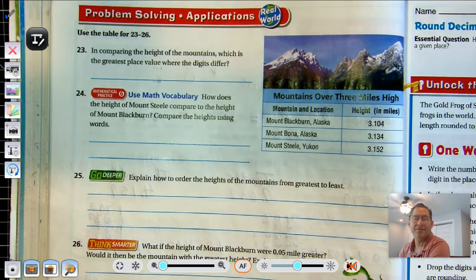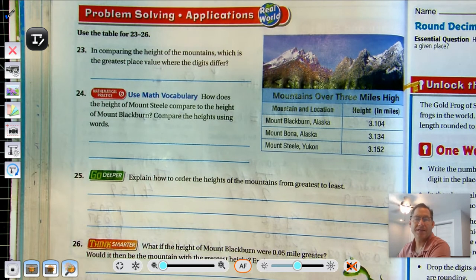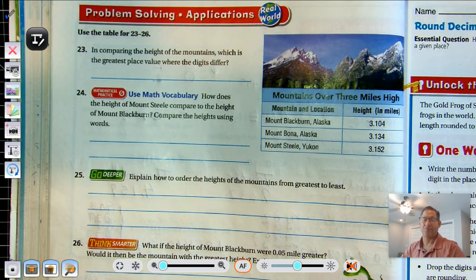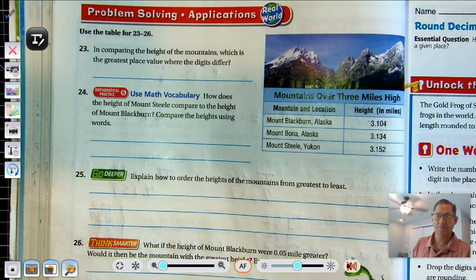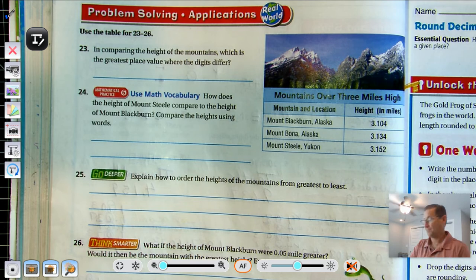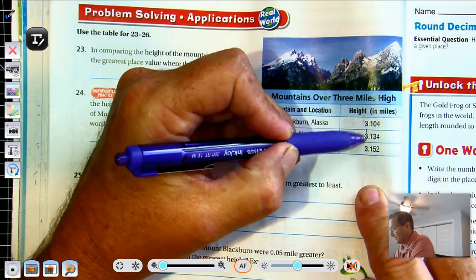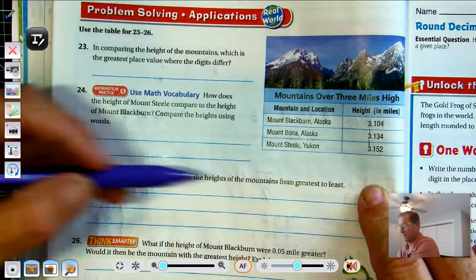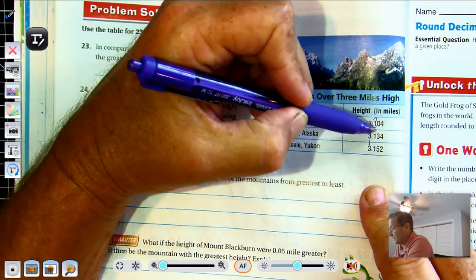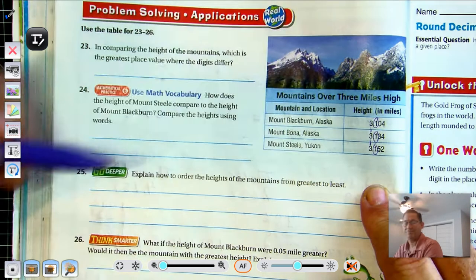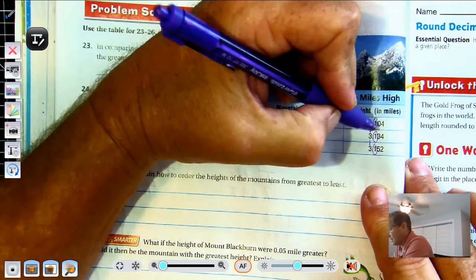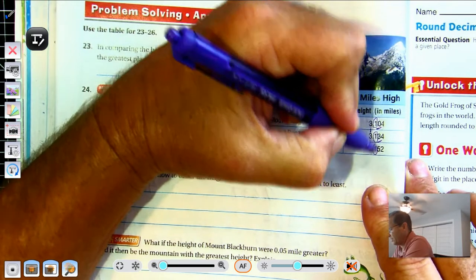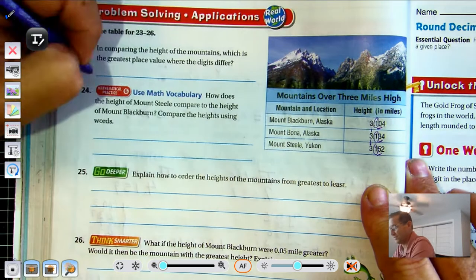In comparing the height of the mountains, which is the greatest place value where the digits differ? All right, we'll just compare the digits, correct? The ones are all the same. The tenths, 1/10, 1/10, 1/10. Those are all the same. Hundredths, 0 hundredths, 3 hundredths, 5 hundredths, hundredths.